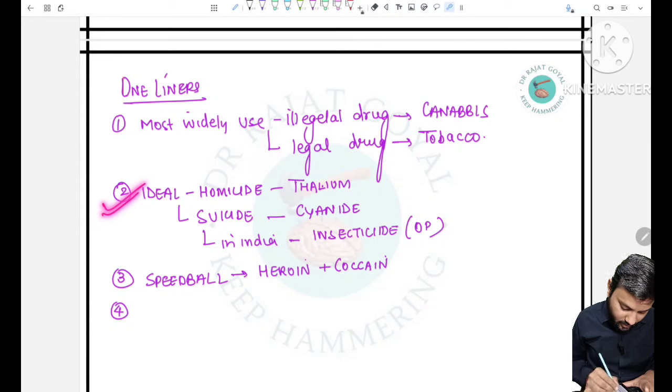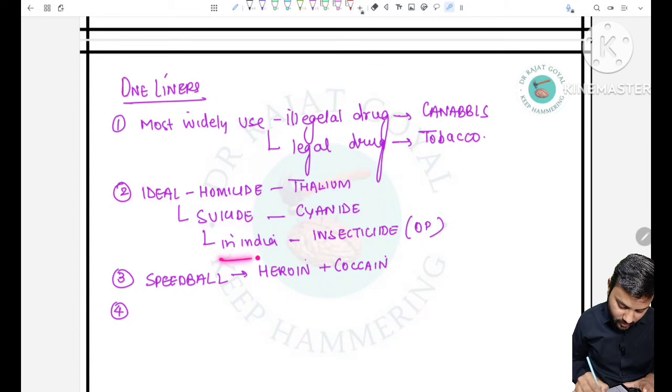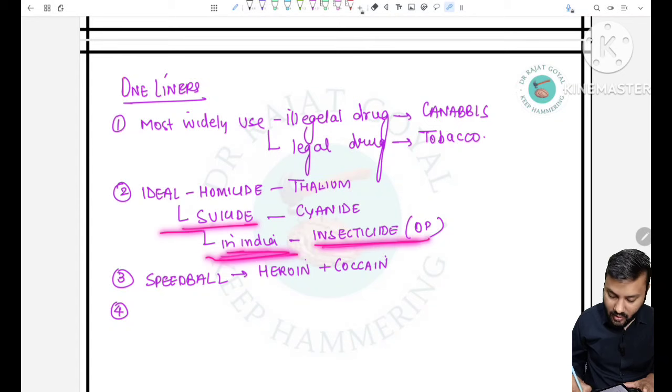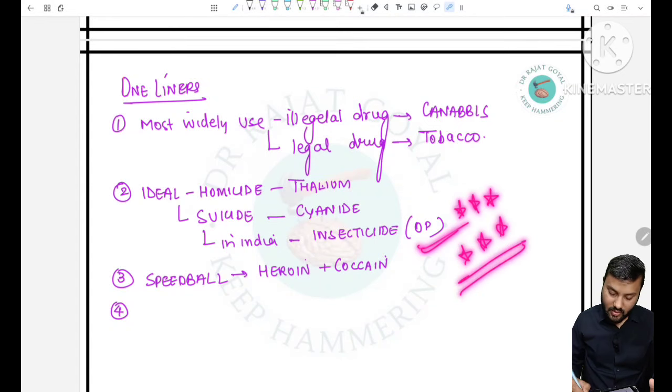Now, the ideal homicide poison is thallium. The ideal suicide poison is cyanide. The most common suicide poison in India is the organophosphate insecticide, because it is very easily available to farmers.